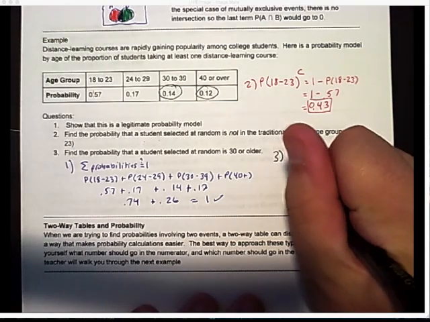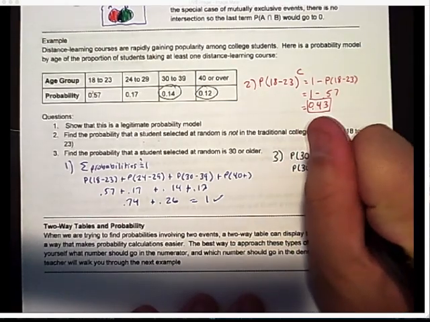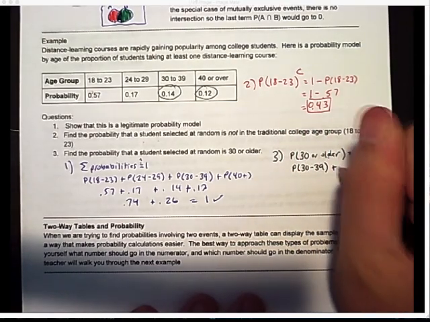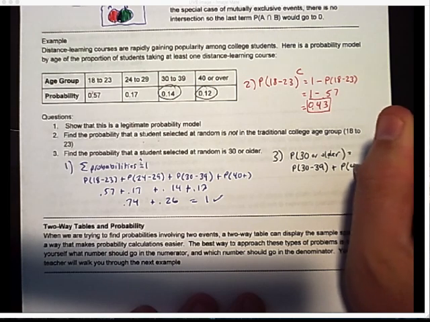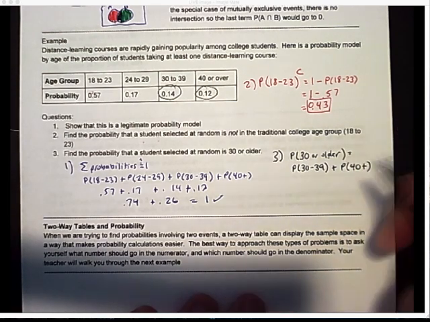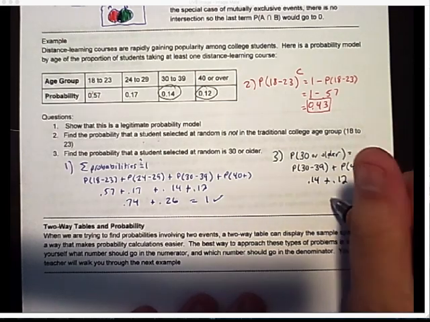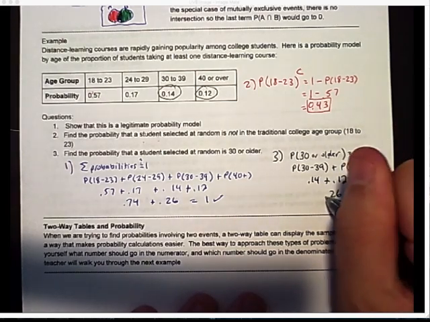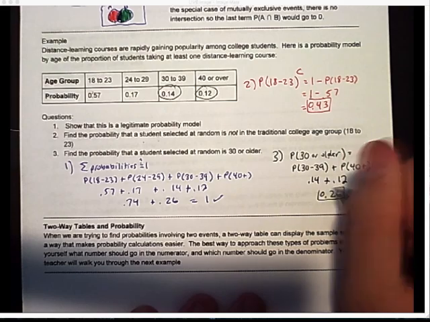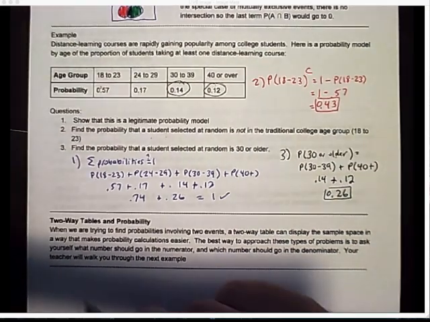So what we have to do here is add the probability of someone being 30 to 39 plus the probability of someone being 40 or older. So 0.14 plus 0.12, which is 0.26. Okay, there's a 0.26 probability that someone taking at least one distance learning course is 30 or older.